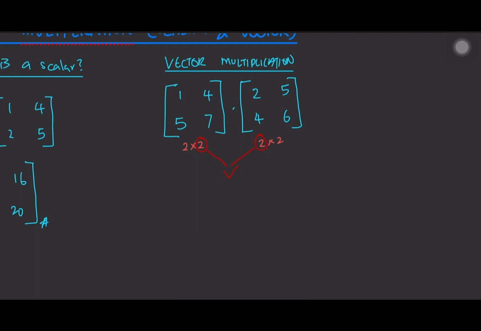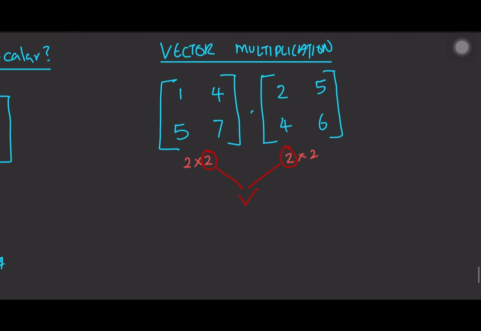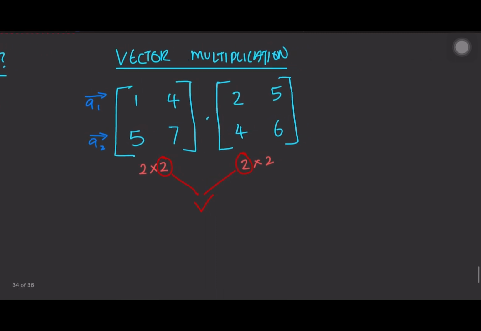Now let's move on to how we can multiply them. First, we denote this row as A1 and this row as A2. Then let me denote this column as B1 and this column as B2.